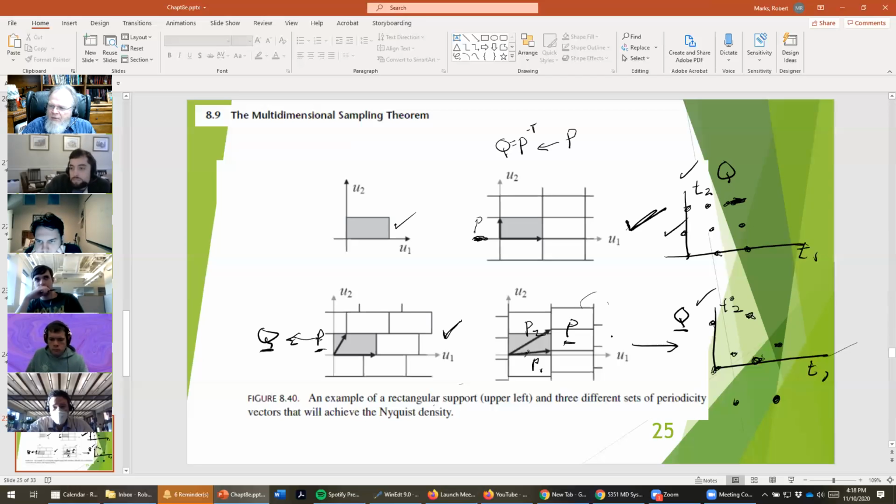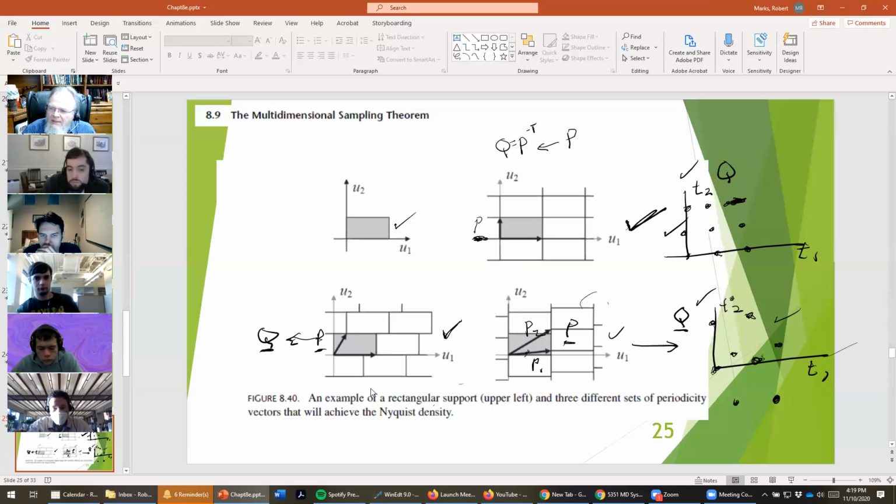If we use this value of P, we have a sampling geometry that looks like this. I don't know if I got it exactly right, but it's something like this. And over here, we have a different sampling geometry for this P, which is different than the other two P's. So each of these is a valid way to sample the signal at the same rate.